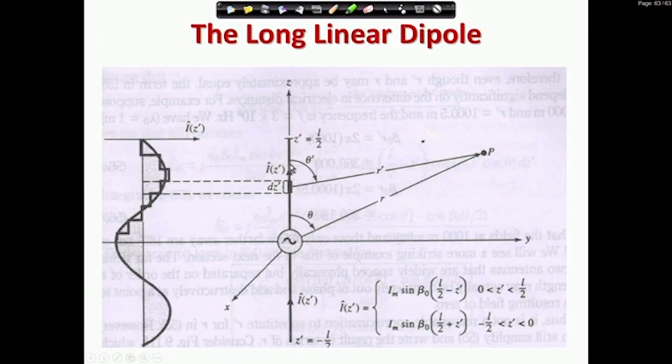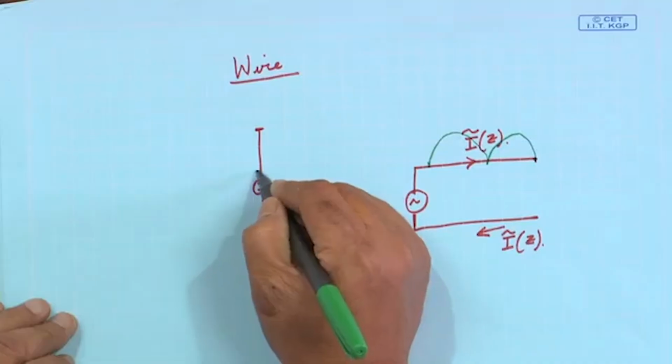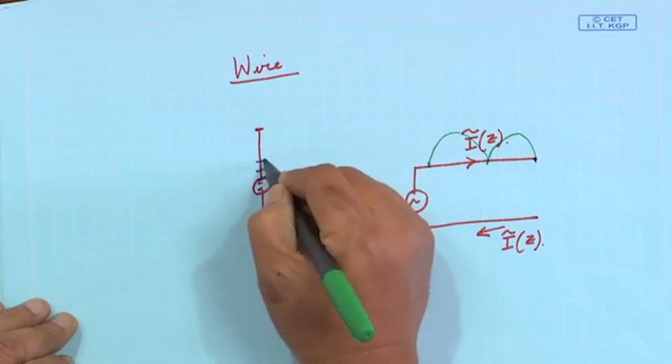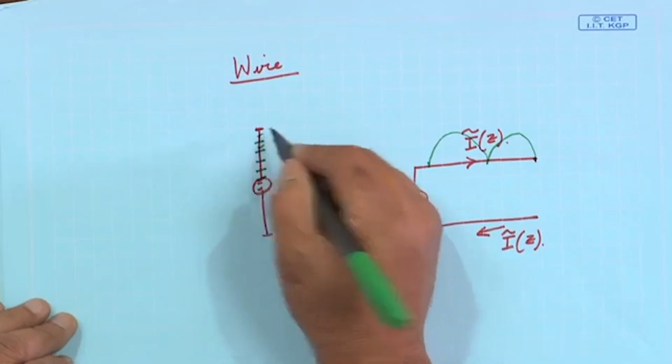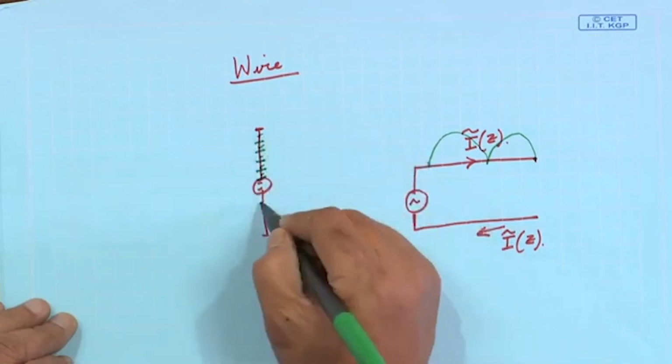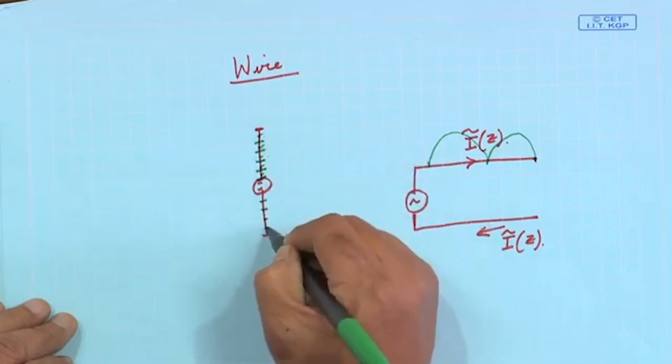So, this is a current element, this is a current element, this is a current element, like that, and here also we will make that.